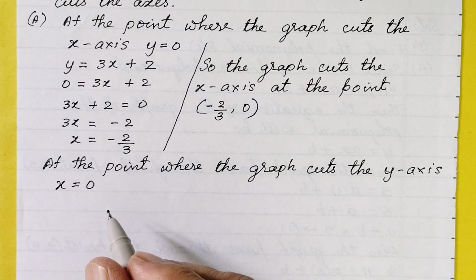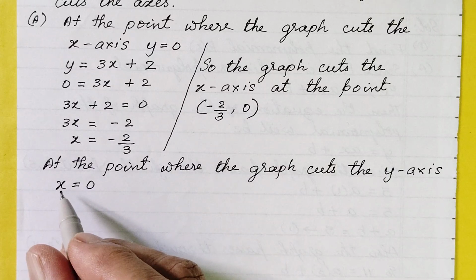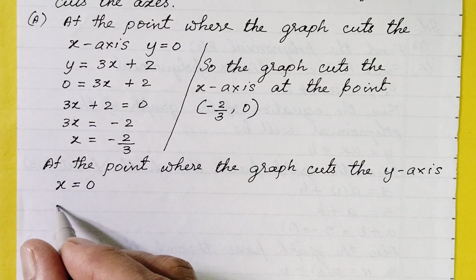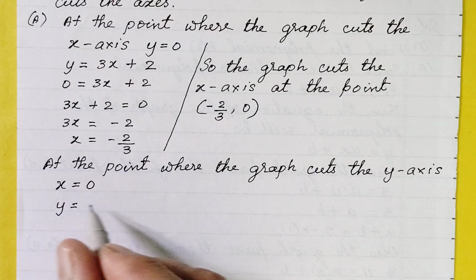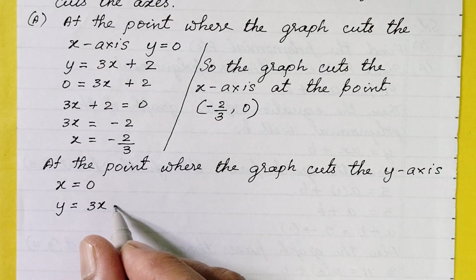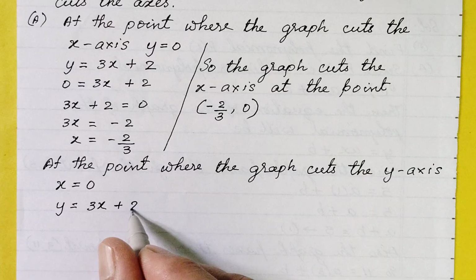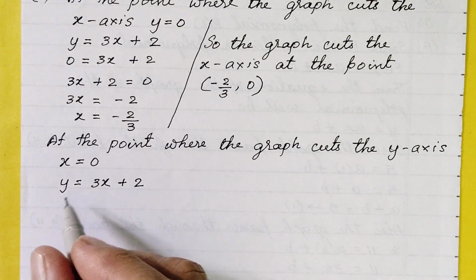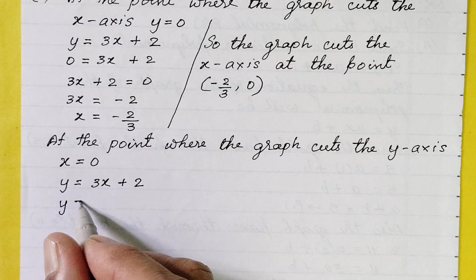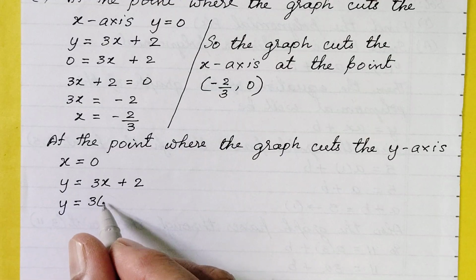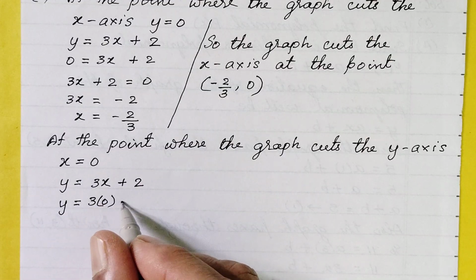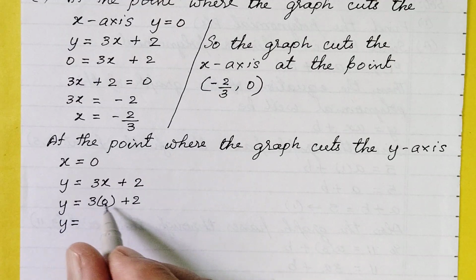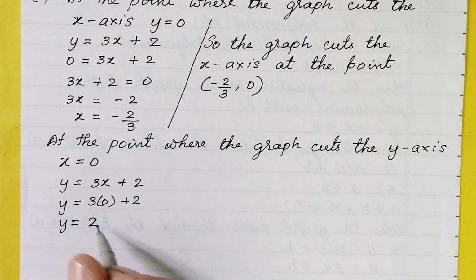So now in the equation we will put the value of x as 0, get the value of y. So the equation is y is equal to 3x plus 2, this is the equation of the graph. So y will be equal to 3 into 0 plus 2. So y will be equal to 2. 3 zeros are 0. So 2.